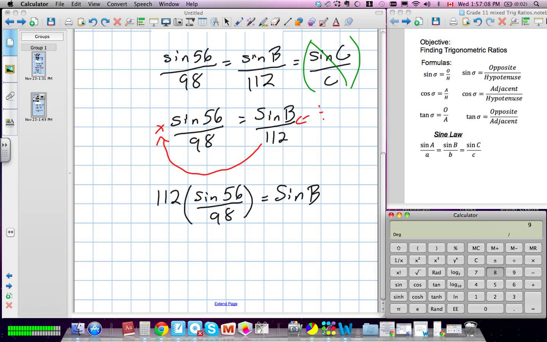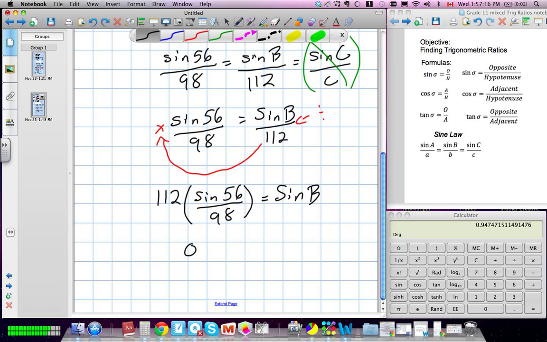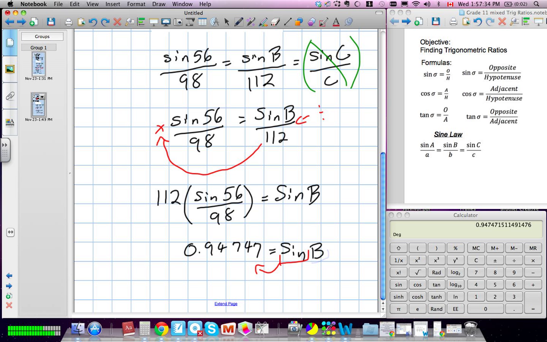Now I'm going to keep that number in my calculator because I'm actually only looking for B, which means I need to move sine to the other side of the equation. Now we did this with our ratios before. If I got to move sine to the other side of the equation, it becomes the inverse. So we're going to get sine inverse of 0.94747 is equal to B. So in my calculator now, because I already have that number in there, I just hit shift and I hit inverse sine and it solves it for me.